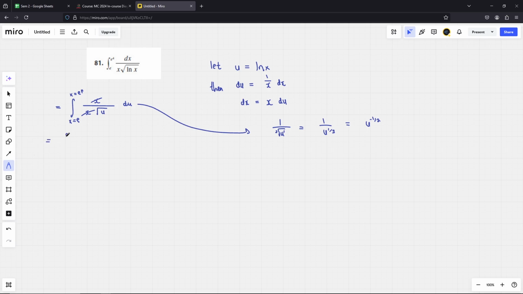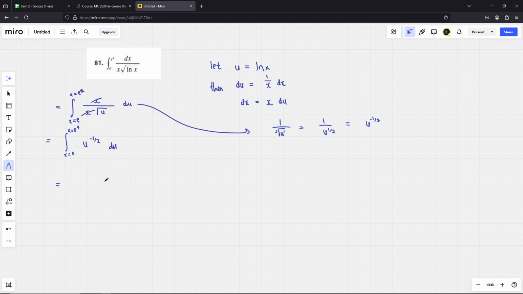So all in all, in our integral, we have x equals e to the 4, and this is going to be u to the minus a half du. And as you can see, we've changed this integral into this, which we can literally do in our sleep.